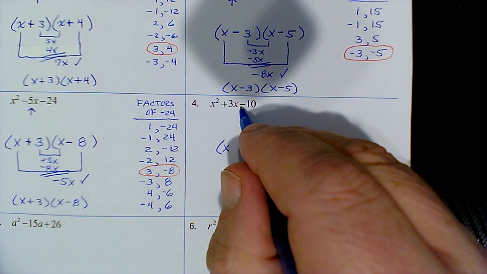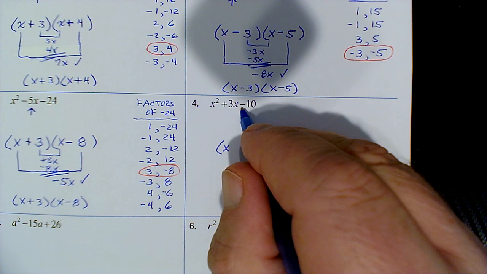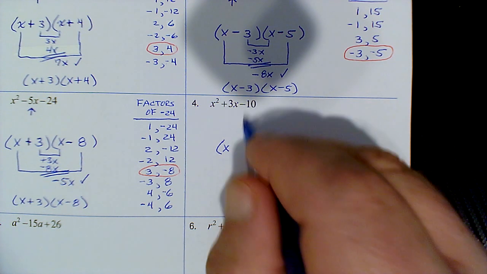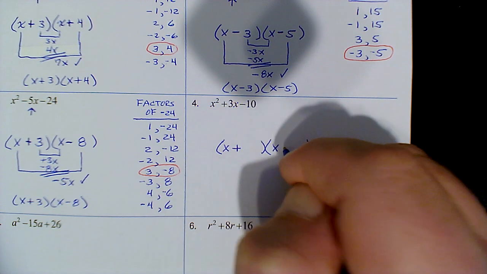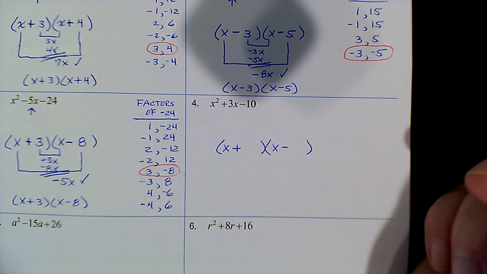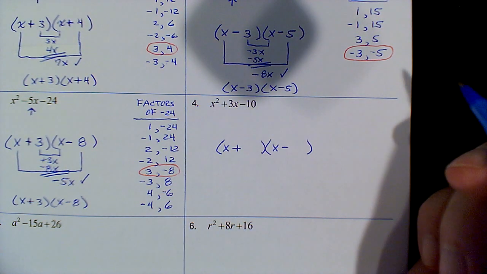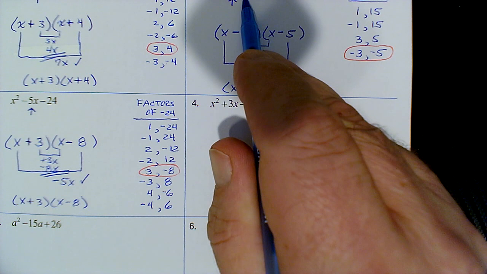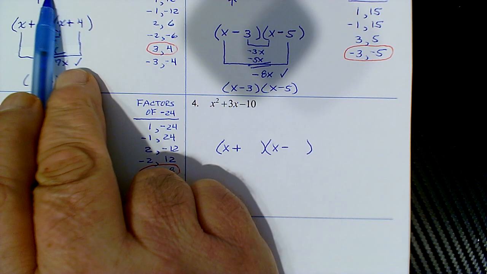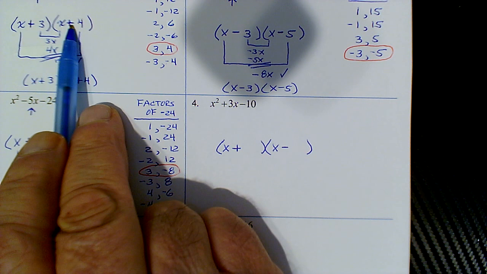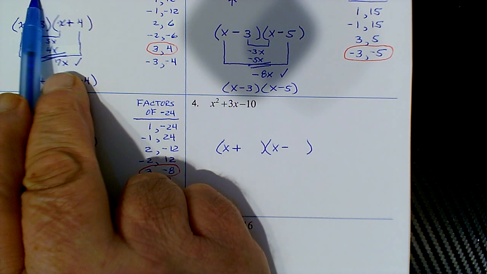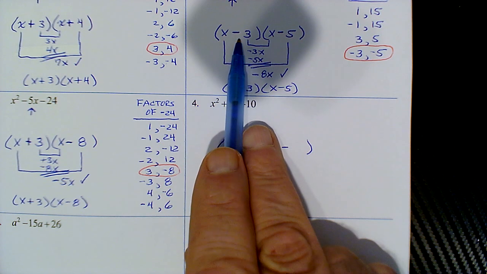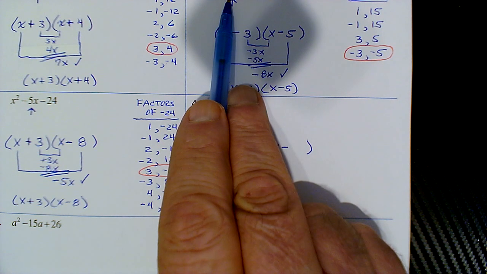If the constant term is negative, these terms are going to be opposite signs. Plus, minus, minus, plus, it doesn't matter. If the constant term is positive, like example 1 and 2, then the signs are going to be the same, and they will be positive if the middle term is positive, and they will be negative if the middle term is negative.